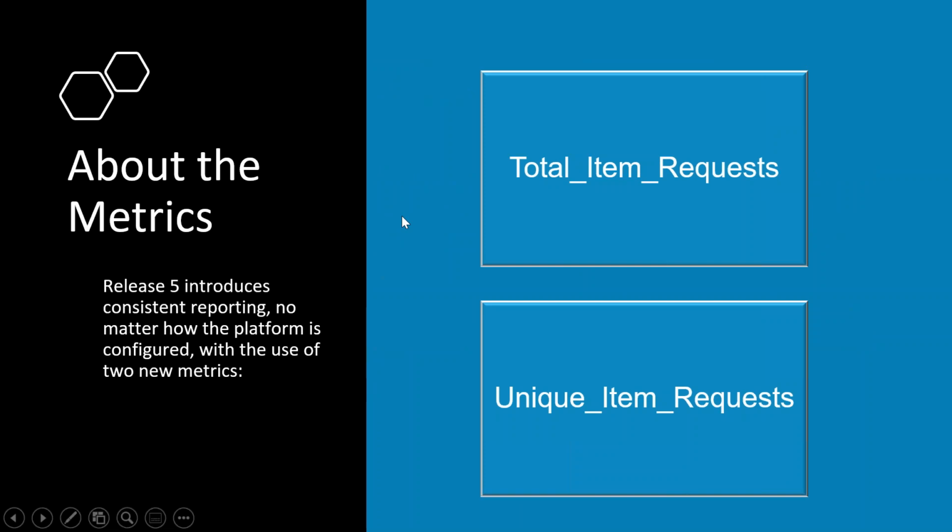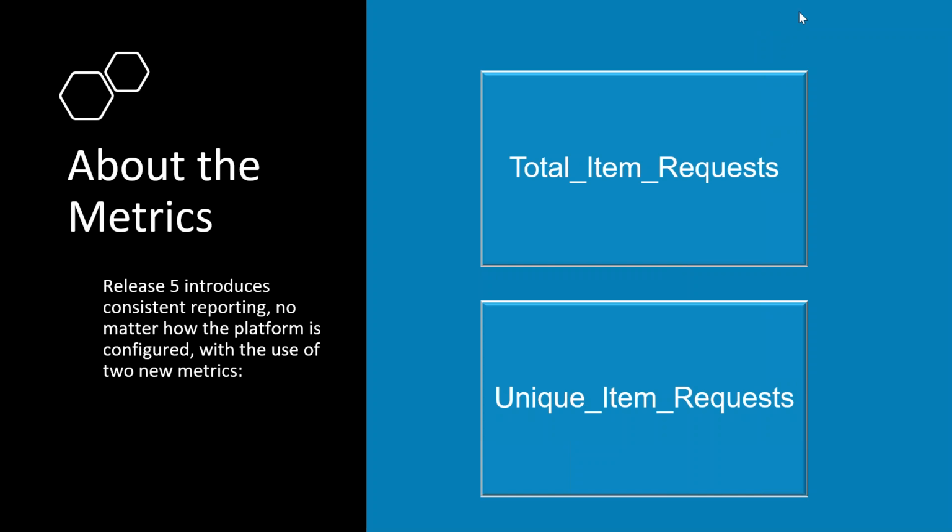So in Release 5, we have introduced new metrics which really deal with that old problem of the platform effect. And these metrics work no matter how the platform is configured. Those two metrics are total item requests and unique item requests, and those are the two metrics that you'll see on your Release 5 reports.